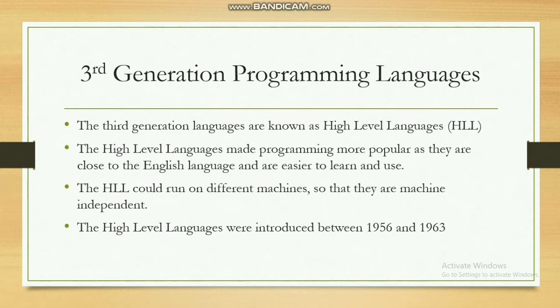When it came to the third generation of programming languages, there was a dramatic change, because not only one language evolved, multiple languages evolved at this time, and many of them started dominating. The third generation programming languages made programming more popular, as they were close to the English language and easier to learn and use.